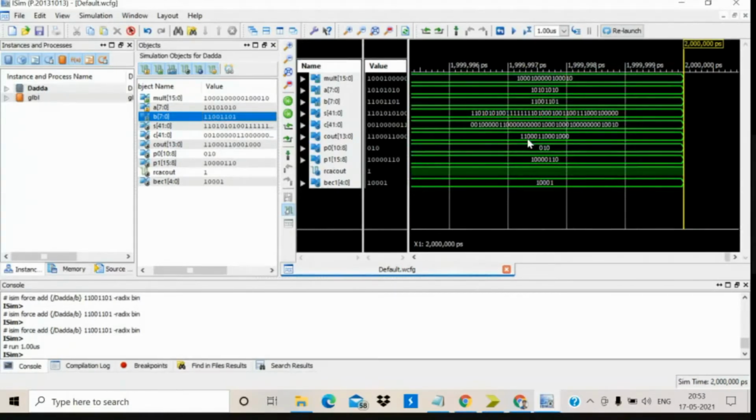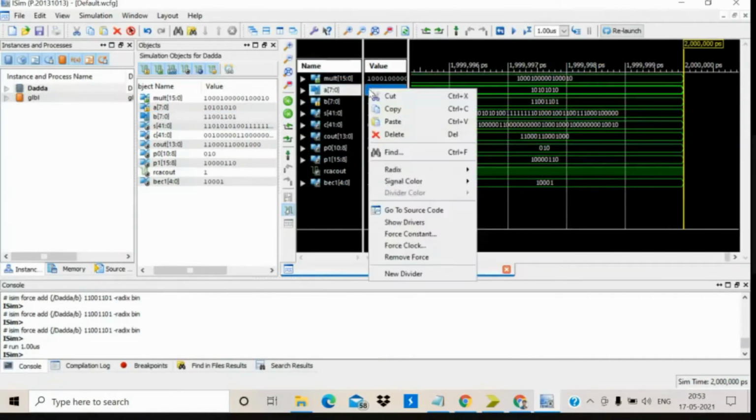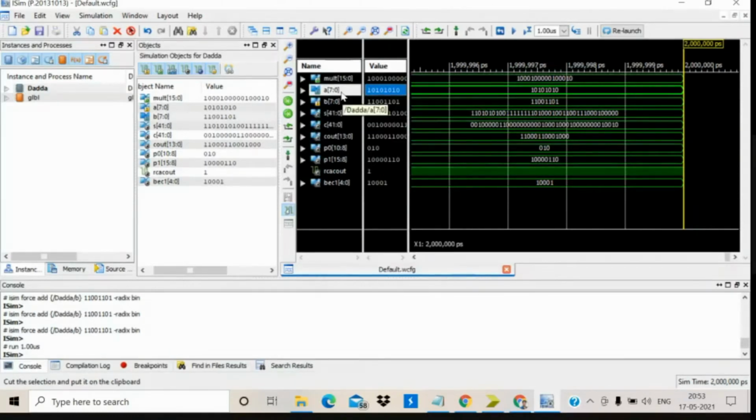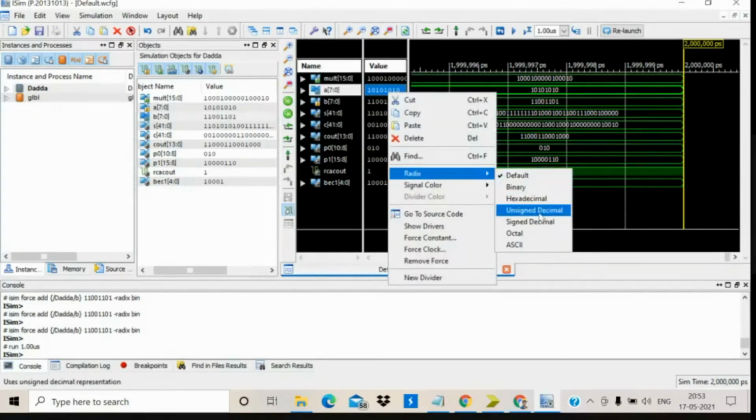So this is the implementation of the simulation process of this data multiplier, guys. Very important thing, guys: to check its binary values. So this is the binary value for A, which we gave as 10101010, and for B. Let us look into the decimal value. I am changing the radix to unsigned decimal.